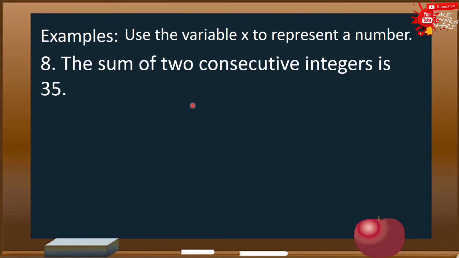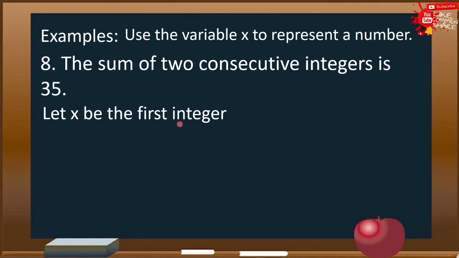So if we are going to let x be the first integer, what should be the representation of the next consecutive integer? If you notice, if we have, for example, 11 and 12, we just add 1 to the first integer to get the second integer.